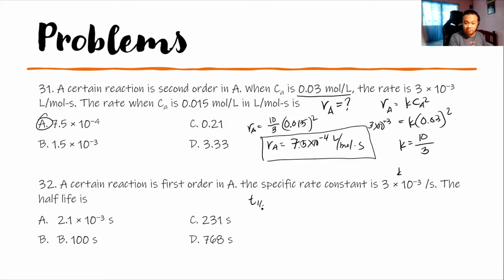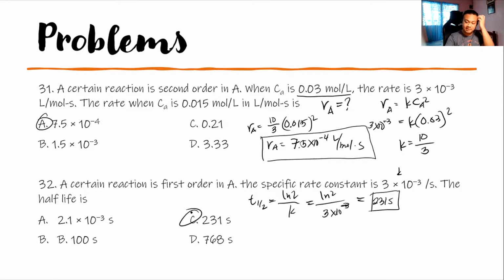So T sub 1/2 is equal to ln 2 over K. It's really simple. So ln 2 over 3 times 10 to the negative 3. Use your calculator, and you have 231 seconds. That's letter C.